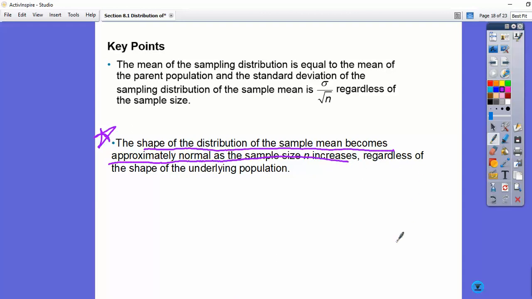So even if the original data is not normal, if you look at the sample means, it will become normal as you take larger sample sizes. This actually has a name. It is called the central limit theorem.